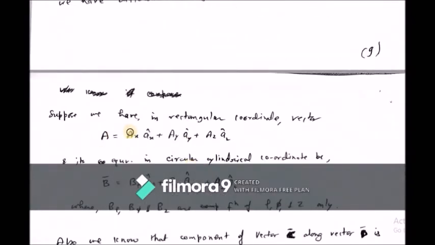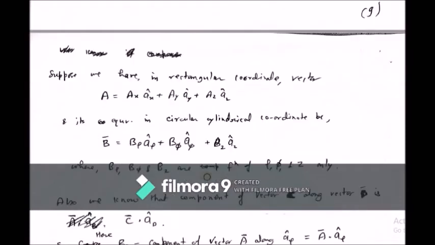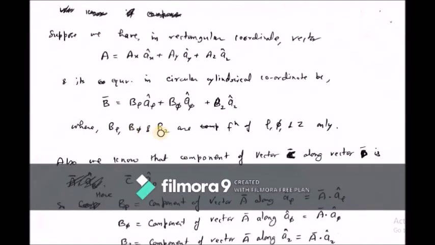So let me assume I am provided with vector a in rectangular coordinates, which is given by ax in direction of ax plus ay in direction of ay plus az in direction of az, and its equivalent in the circular cylindrical coordinate system is denoted by b, and it is b rho in direction of a rho plus b phi in direction of a phi plus bz in direction of az, where b rho, b phi, bz are also functions of rho, phi, z. Because this is circular cylindrical coordinates, these components must be in terms of only rho, phi, z.